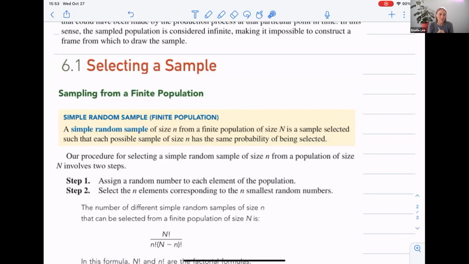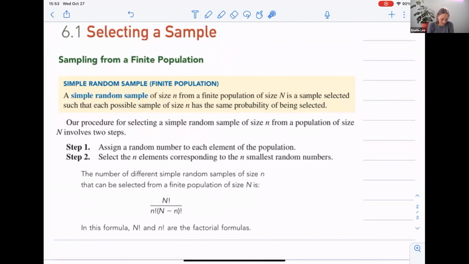But finite populations are way easier to deal with, because then we can kind of have them all and we could look at all of them, right? If you have to sample all the ants in the world, it's a no thanks, right? Because it is essentially an infinite population. There's no way that we could sample all of them at the same time.